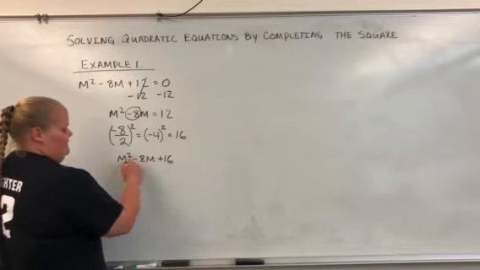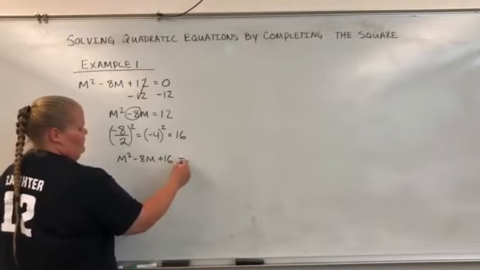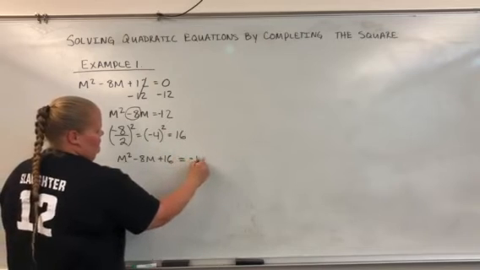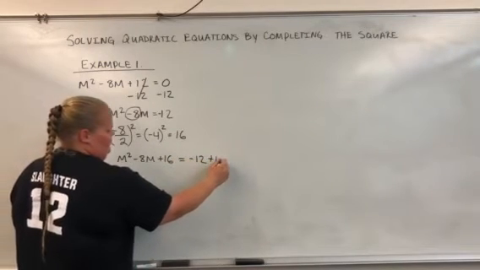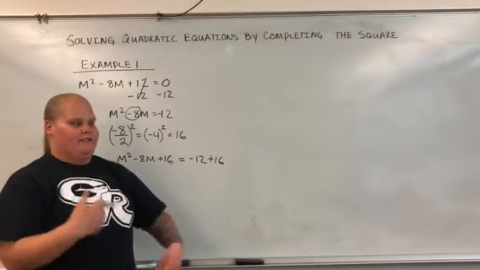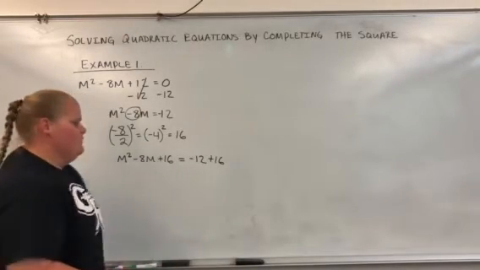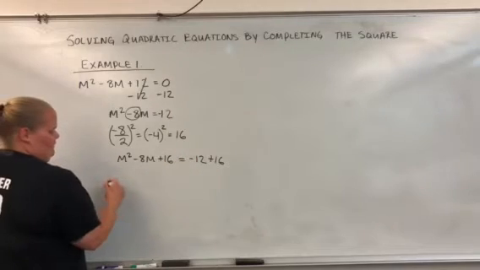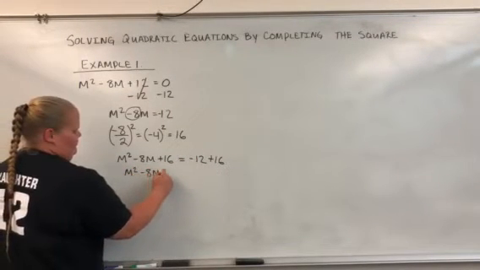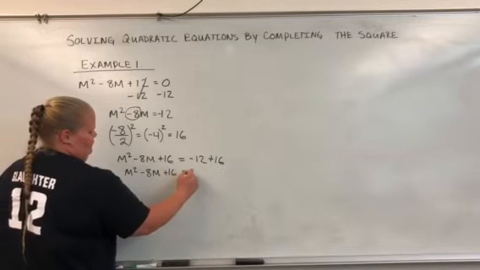So we're going to add this 16 to both sides of the equation. On this side, I had this negative 12, and we're adding 16 to it as well. We have to add 16 to both sides of the equation to keep things even. We're going to go ahead and simplify the right side. That gets me m squared minus 8m plus 16 equals 4.